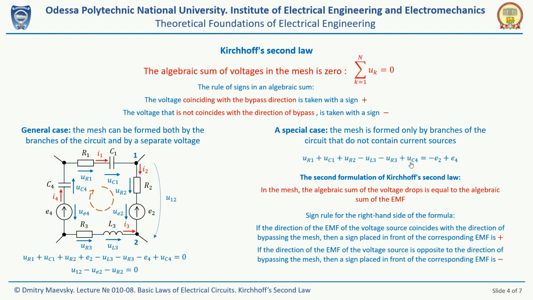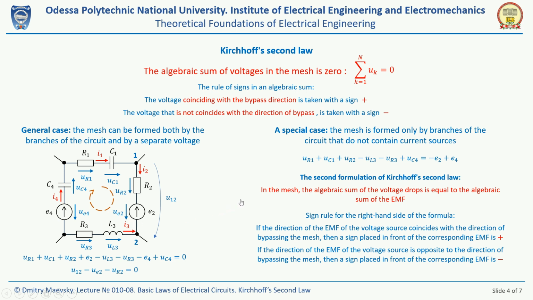These voltages we will name the voltage drops. Voltage drops are voltages on passive elements of our circuits. On the other side, we have the algebraic sum of the electromotive forces of our two sources.